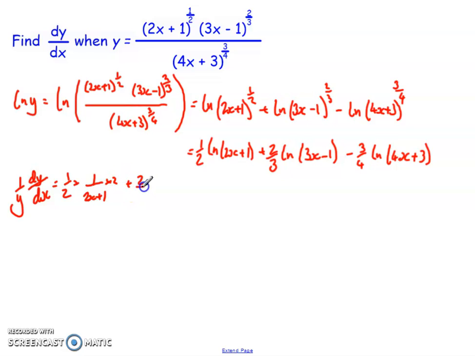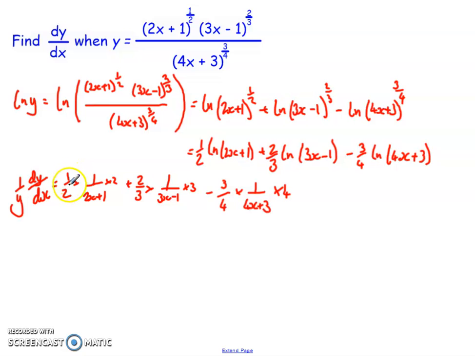Then I have plus 2/3 times 1 over 3x minus 1 times 3, again using the chain rule within each of these. And then my final term would be minus 3 over 4 times 1 over 4x plus 3 times 4.